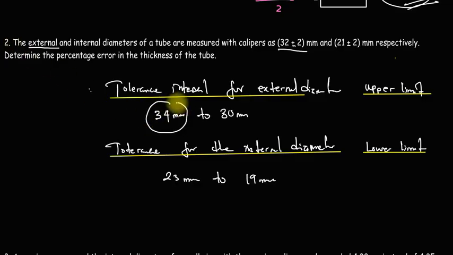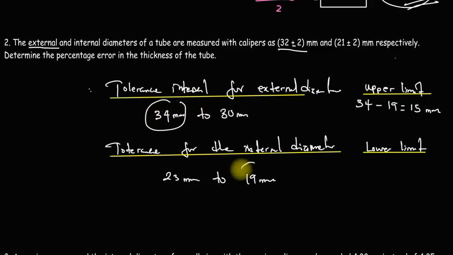So the largest, the external diameter, 34 millimeters, minus the smallest value for the internal diameter is what makes up our upper limit. So 34 minus 19 is going to give us 15 millimeters.